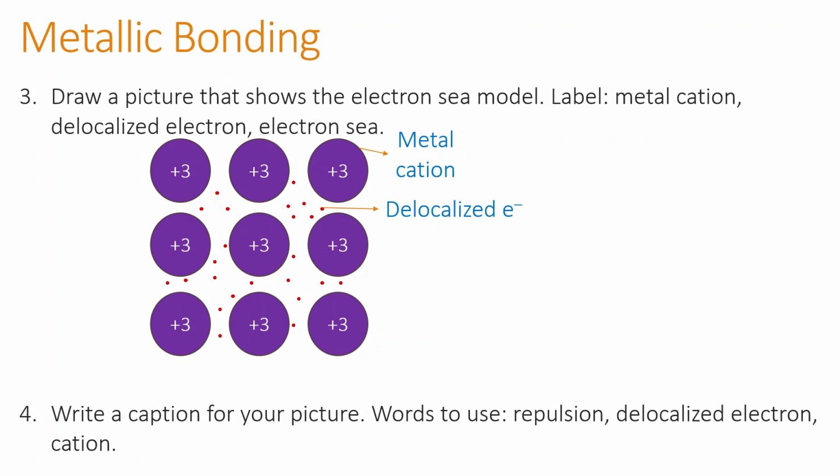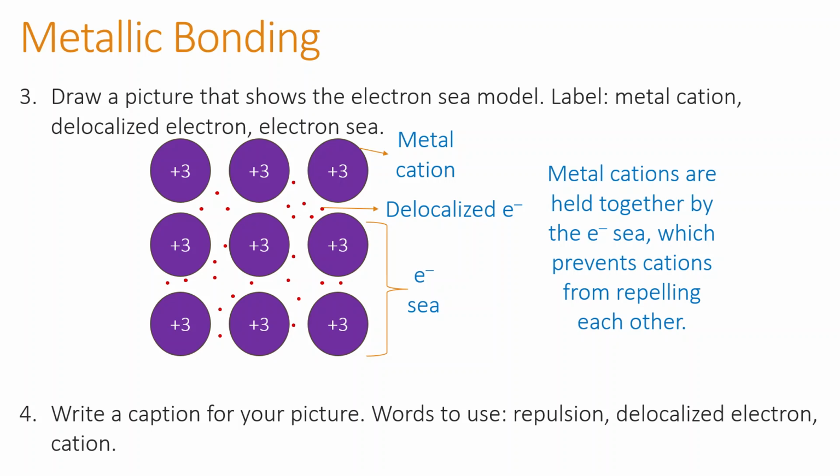Instead, those electrons are shared amongst all of those metallic cations there. So we call this an electron sea. A caption for our picture would be something like: metal cations are held together by the electron sea, which prevents the cations from repelling each other.